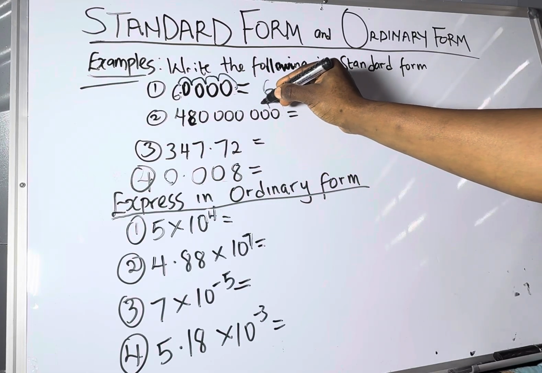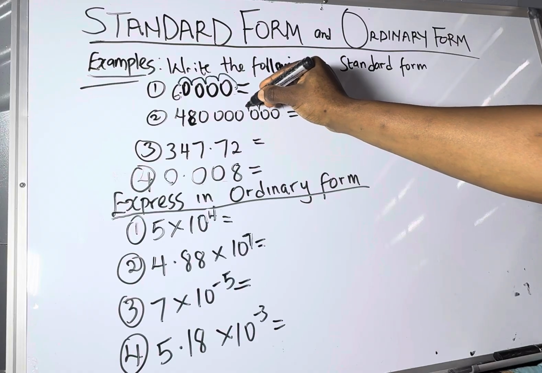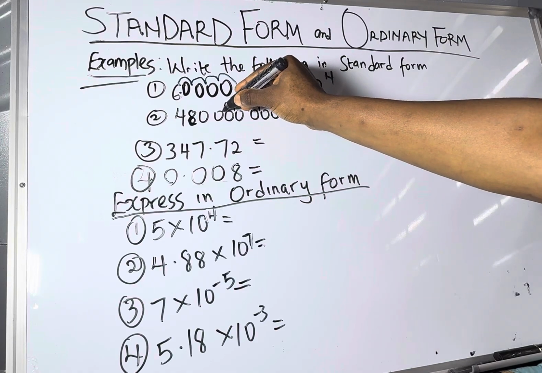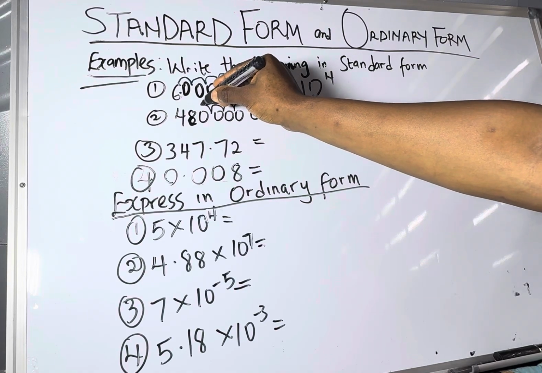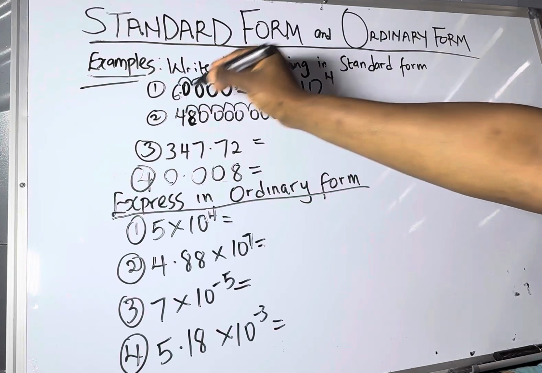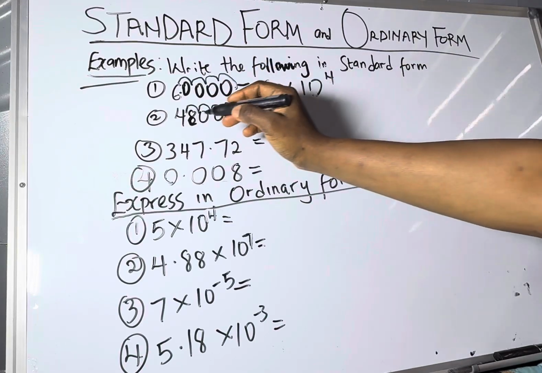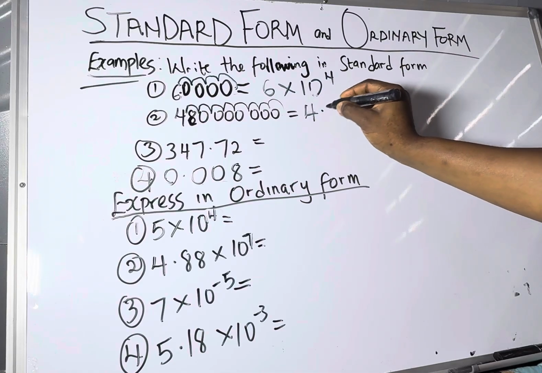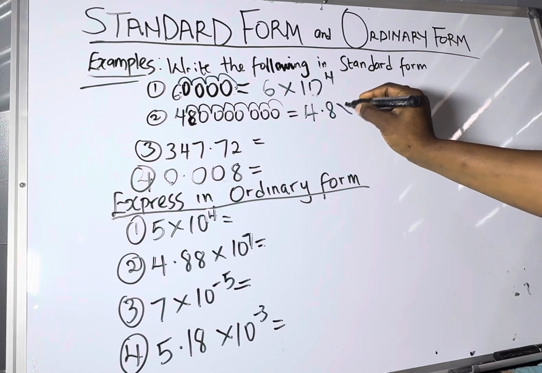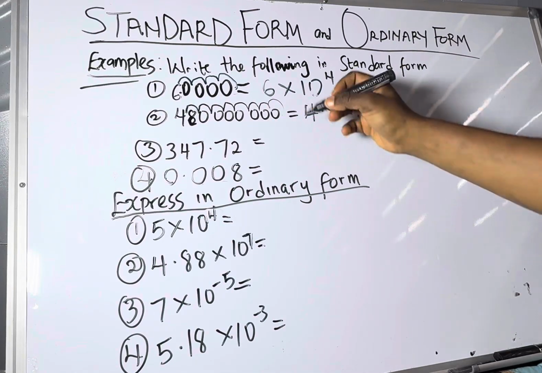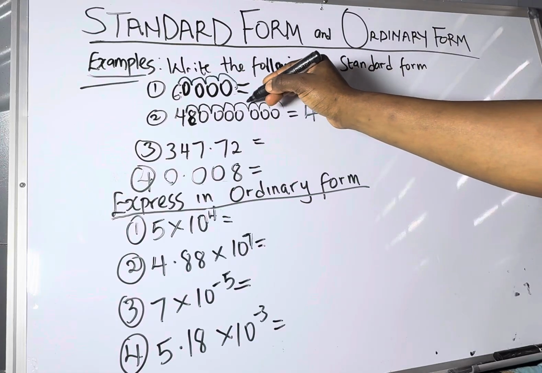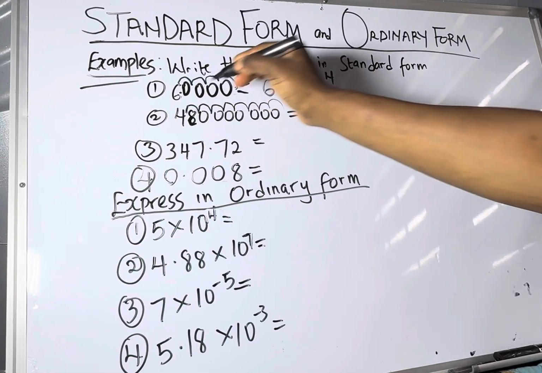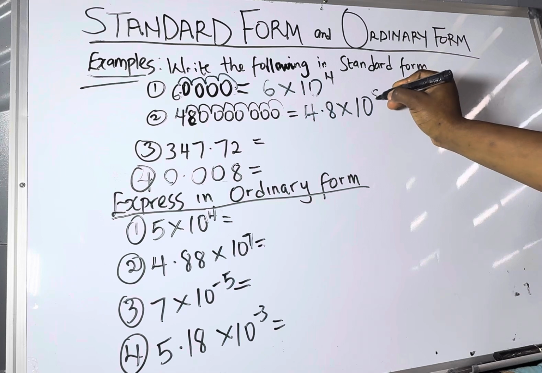This is 1, 2, 3, 4, 5, 6, 7, 8. Which means 4.8 times 10 raised to the power of 8.